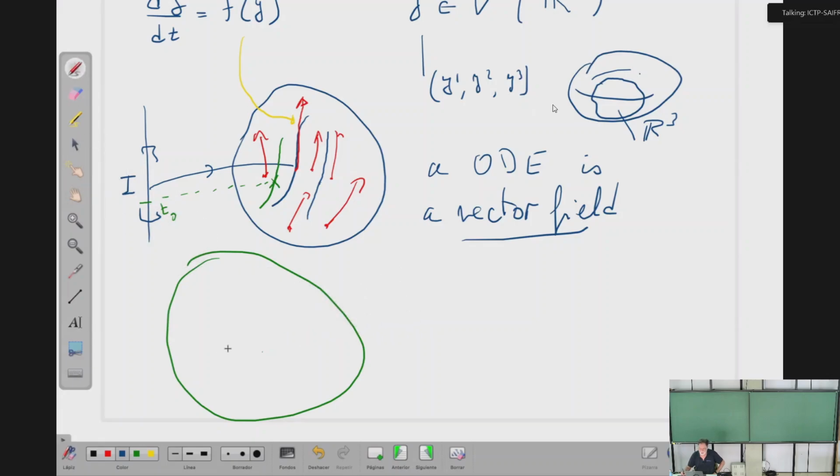Say, given this point x0, I can have this solution, which comes with an interval here in R, and I can have another solution going through this point and this one, which has its own interval here.